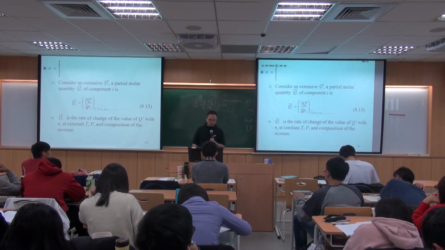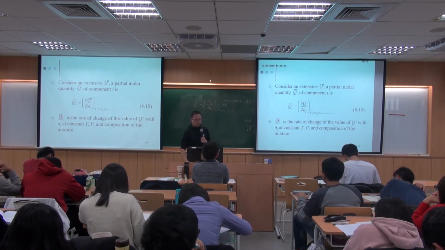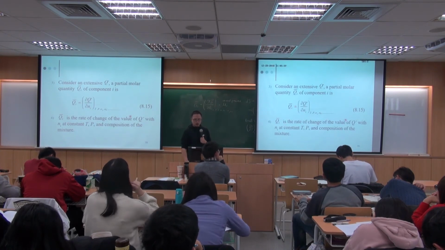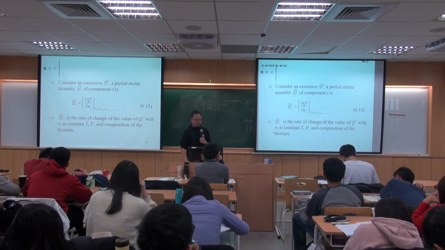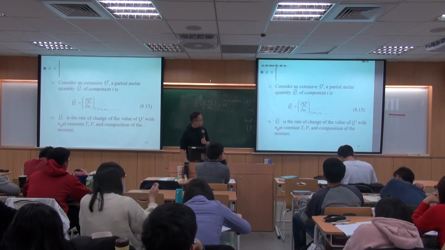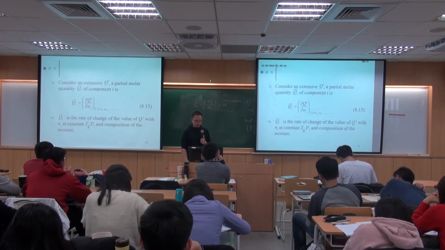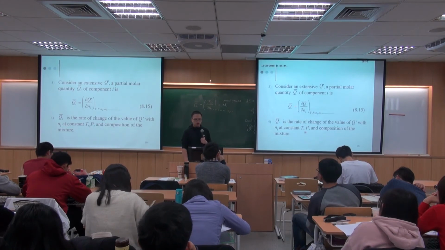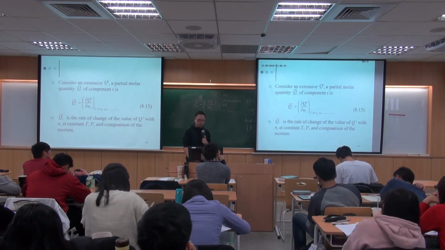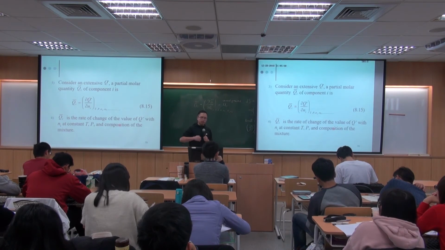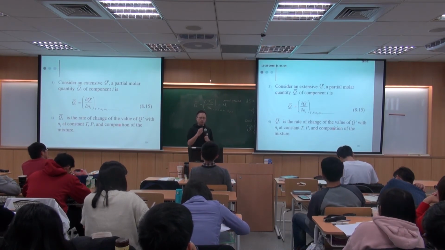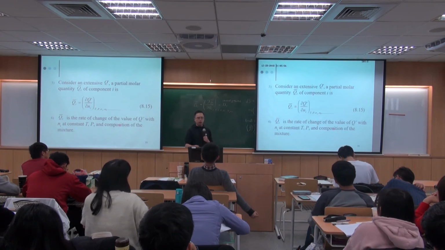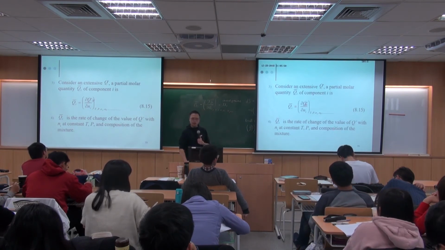And therefore this Qi bar, for instance here Gi bar, is the rate of change of that quantity with the change of the particles you add into the system at constant temperature, constant pressure, and also constant composition of the rest of the mixture. Okay, so it is similar to, for instance, adding 1 mole of some certain species into the system: what will be the change of this extensive value, right?